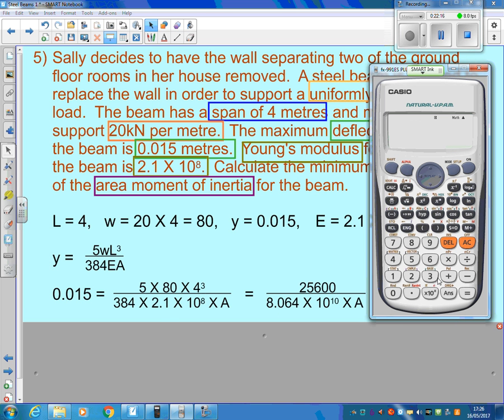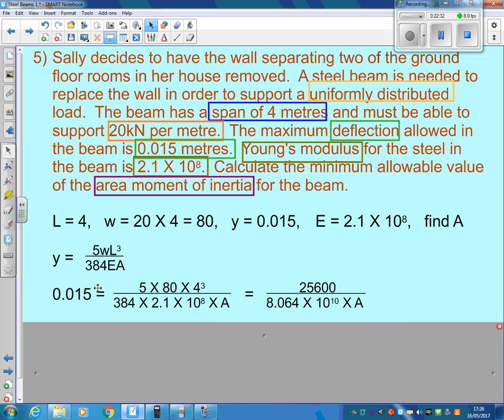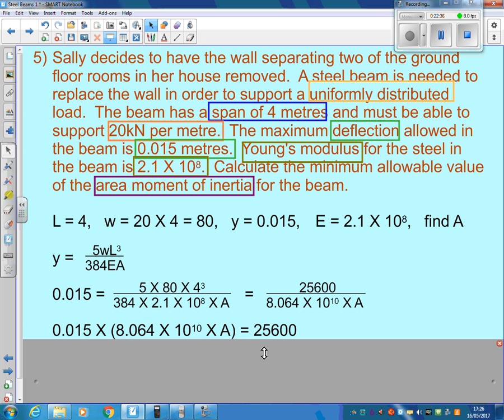So there I've got 8.064 times 10 to the 10, and also we still got the A there. So basically, this simplifies to that. It might not look very simple, that's what it simplifies to.